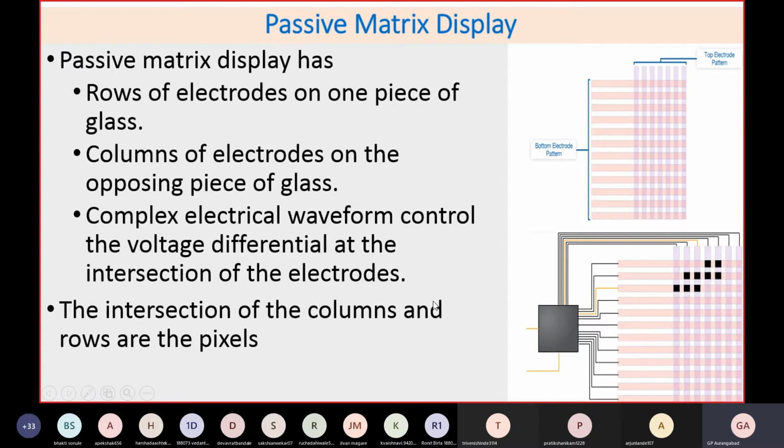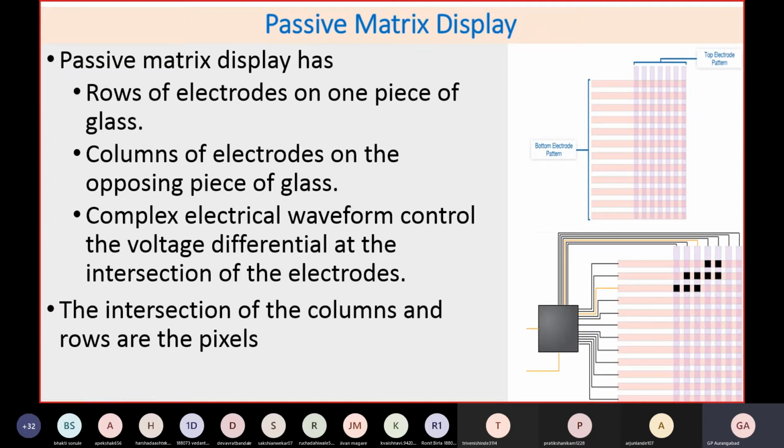Based on some complex electrical waveform, it controls the differential intersection of these electrodes. Based on the row and column voltages, that decides the intensity of this particular pixel, and it is directly proportional to the original color. So this is the intersection of the columns, rows and pixels. This is a passive matrix display.